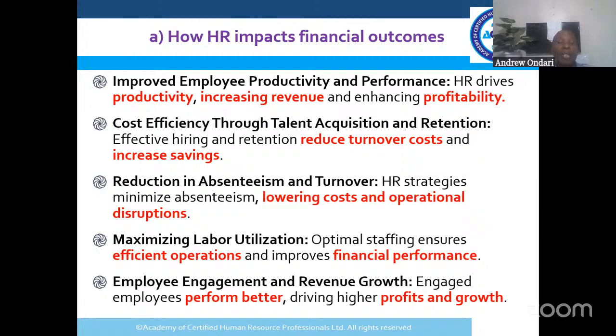The other aspect on financial outcome is the level of labor utilization. How much are we utilizing the people that we have? Optimal utilization means there is nobody who is working and has very few tasks to perform on an average day.